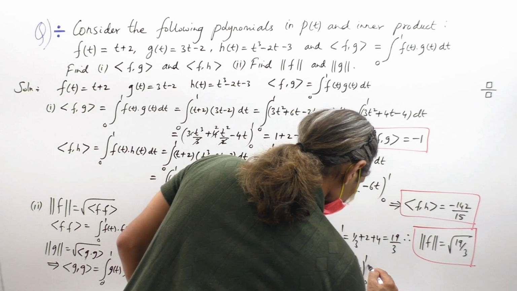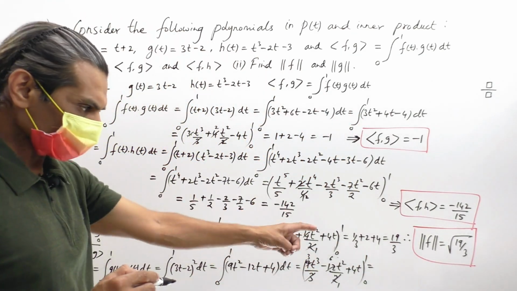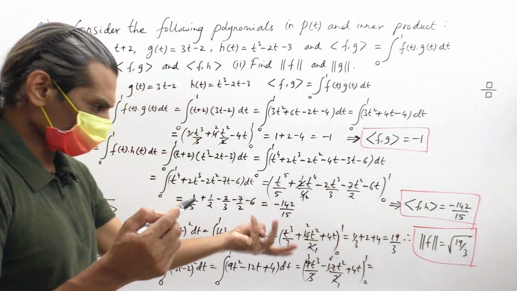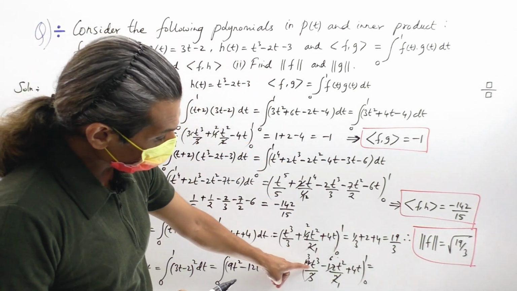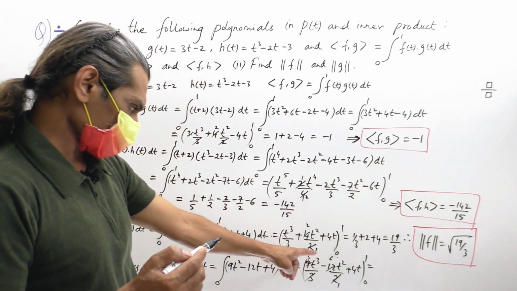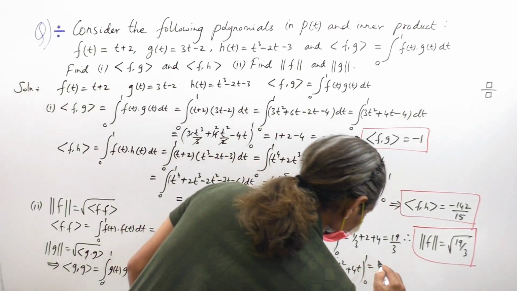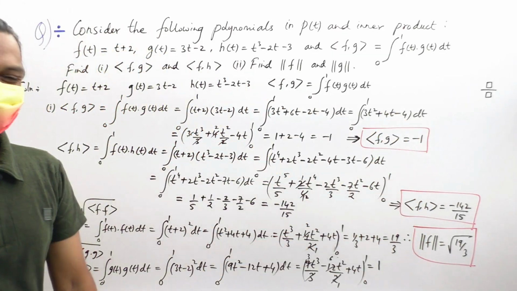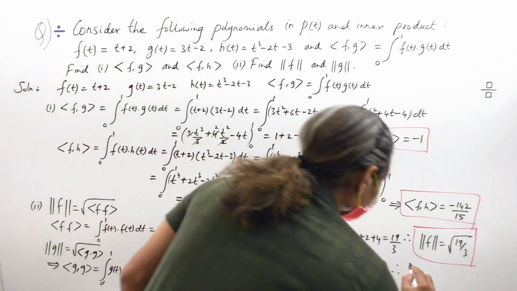Okay, so in place of t put 1. Obviously 0 has no meaning, as 0 anywhere is 0 only. So in place of t put 1, so it will be 3 minus 6 is minus 3 plus 4 is 1. That's it. Simple.